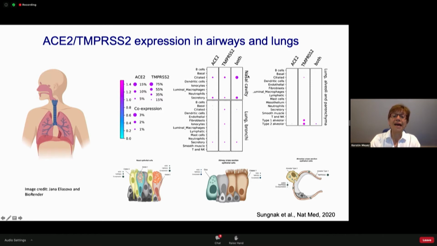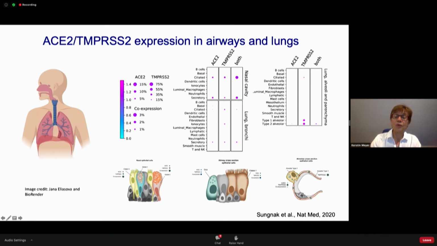What we found is that in the nasal cavity, it was ciliated and secretory cells, and in the bronchi, it was those same cells, but expressed at lower levels. And then in the alveolar parenchyma, it was the AT2, the alveolar type 2 cells, that had relevant expression of those two genes.